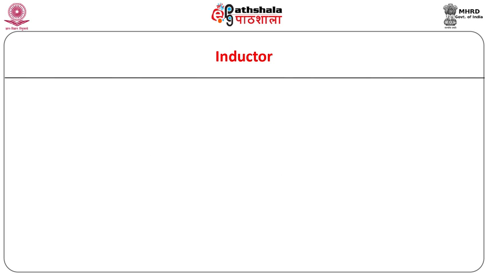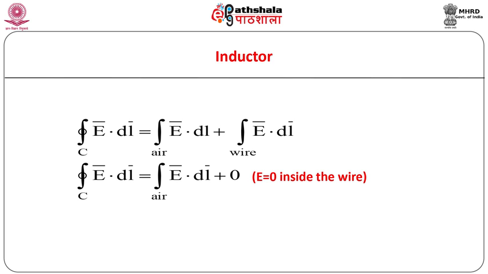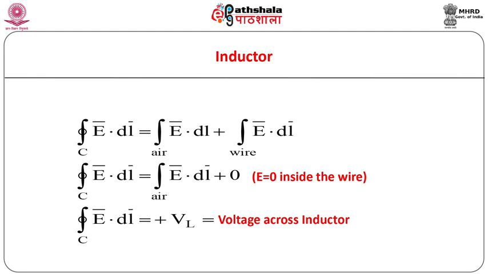The electric field inside the conducting turn of the inductor is 0. Hence, the line integral of E over the wire is 0. Hence, we have only the line integral of E over the path length in air. This is nothing but the potential difference across the single turn inductor.